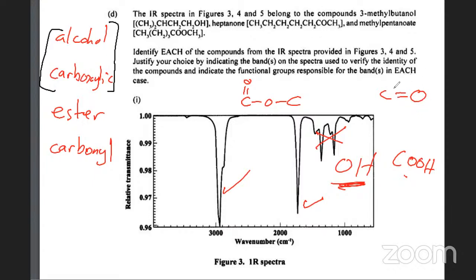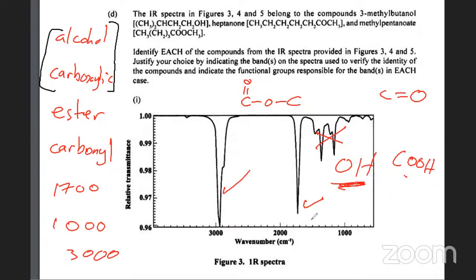There are three key regions that you look for: somewhere about 1700, something close to 1000, and then the alcohol group somewhere close to the 3000 mark. So you look to the left, start off in the middle, and to the end.